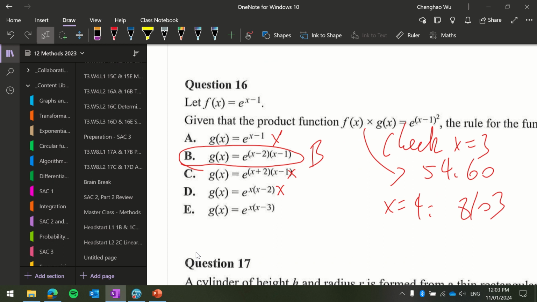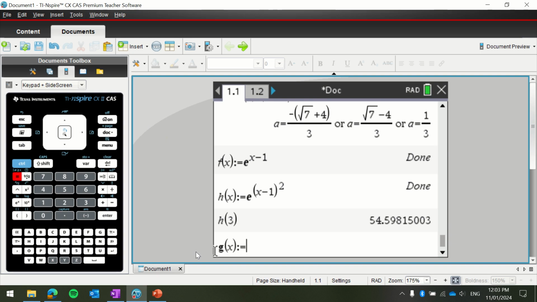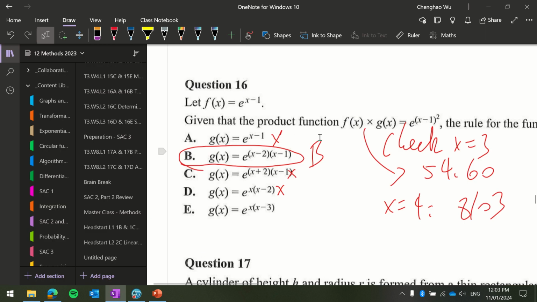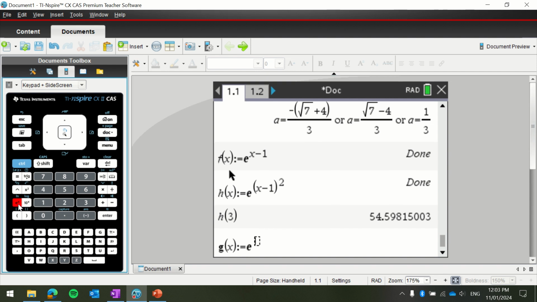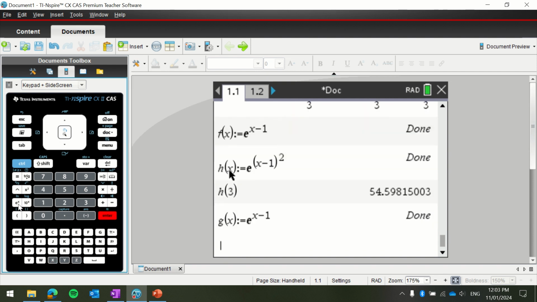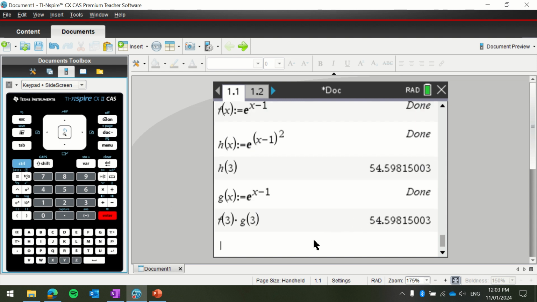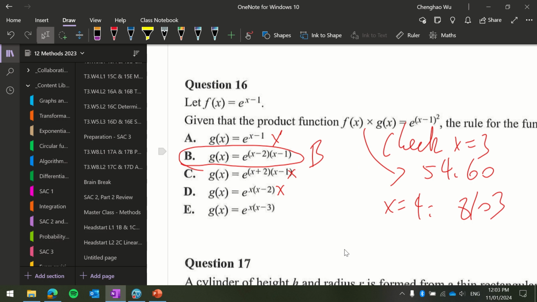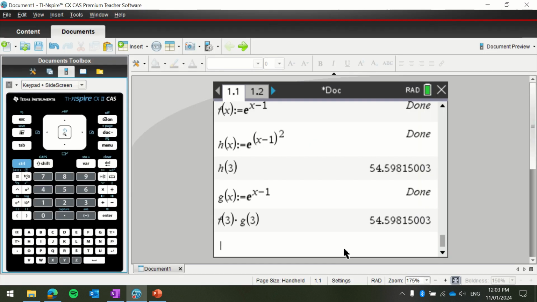And then this is what I did. I tried each option. So the first option, e to the power of x minus 1. If I do f3 times g3, I'm going to check what that is. Wait a minute, did I do something wrong here?